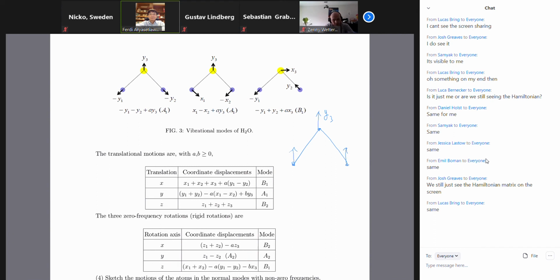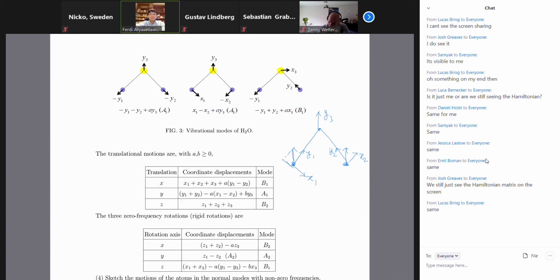But this motion of the hydrogen atoms, of course, has components along the x and the y. So we have the y1 here, x1 here, and y2 here, and x2 there. For the first atom, it should be minus x1, because the projection of the motion goes away, and then plus y1.